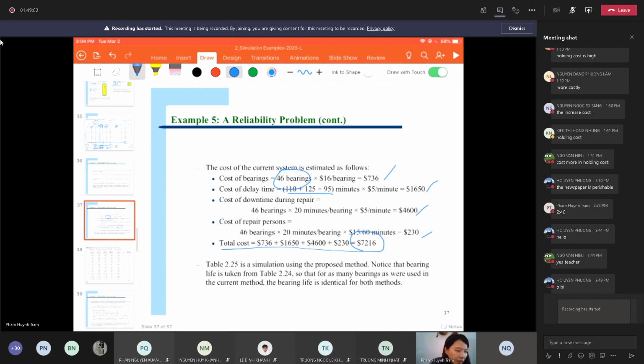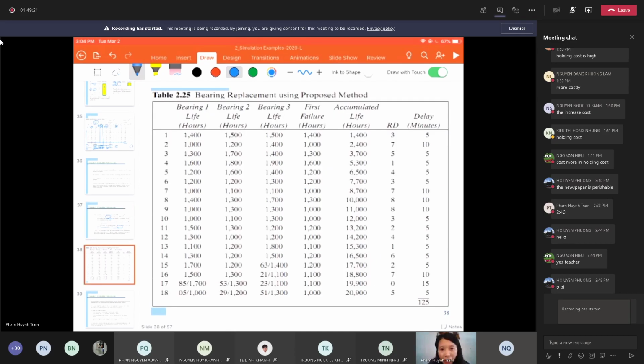Now, in order to make it very comparable with the first one, we will simulate. We will use the same lifetime information as the first one. So we won't generate random digits for the second case, but we use exactly the lifetime of the bearing as we already generated for the first policy.